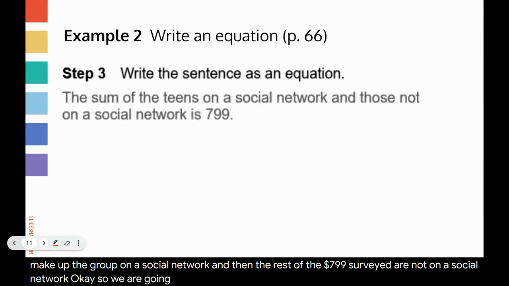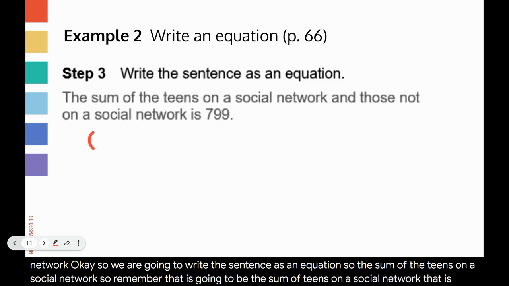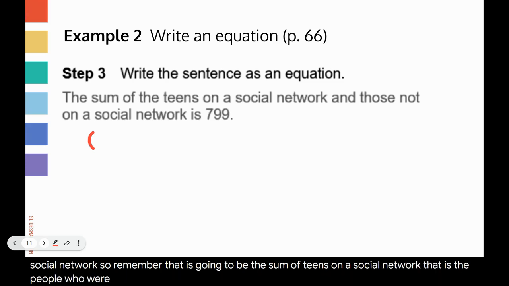Okay, so we are going to write the sentence as an equation. So the sum of the teens on a social network, so remember that is going to be the sum of teens on a social network. That is the people who were surveyed. So there's the 430 plus you have the 193.